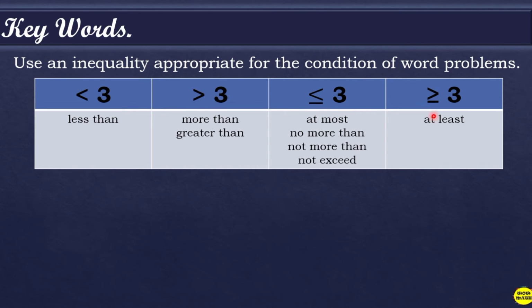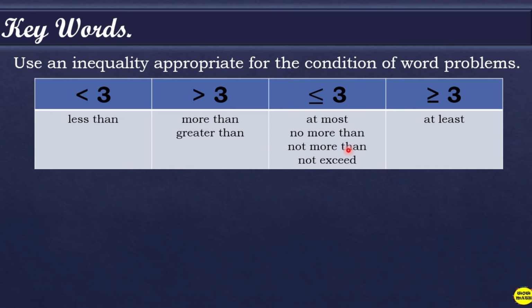Pag ang nabasa mo naman ay at least, ito po ang symbol natin dyan, greater than or equal to. Ito po yung mga keywords na dapat nating tandaan. Actually, marami pa, pero ito yung madalas ginagamit. Ito lang po yung pinakita ko.